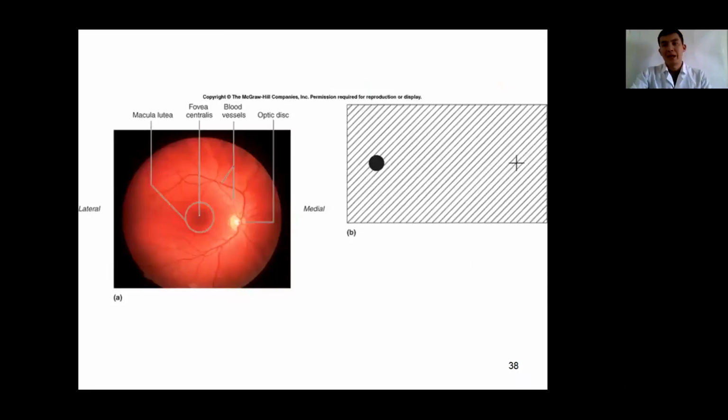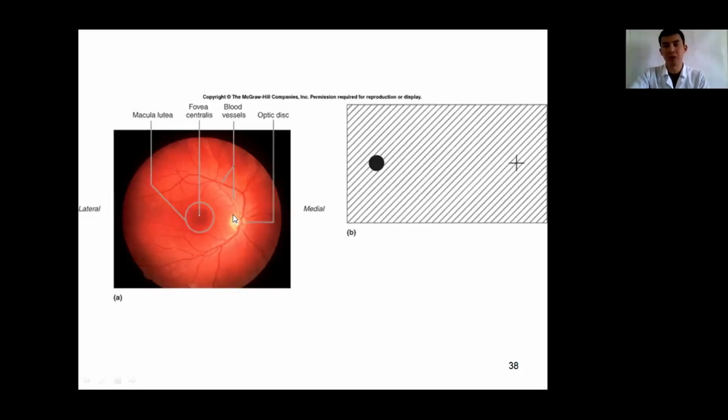In this presented diagram, we see the ocular fundus. And we can see here the central pit or depression, which is the fovea centralis, placed in the region of the macula lutea. Medial to this macula lutea, about 3 millimeters away, we can find the optic disc.